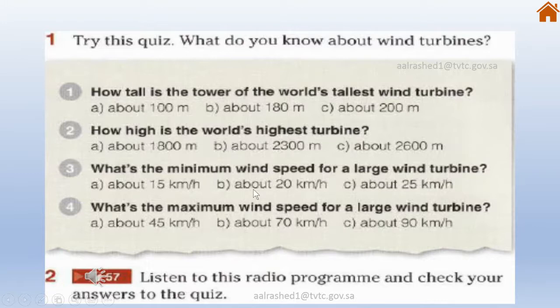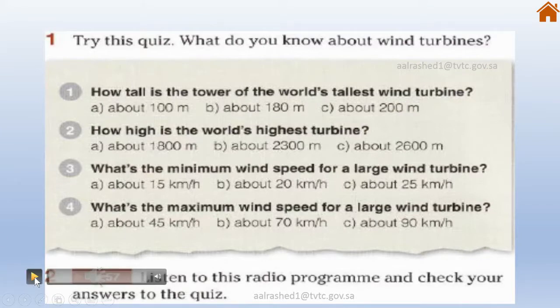In order to answer, we need to rely on the listening. Of course, you can guess based on your general knowledge about this topic, but since most of us are not specialized in this area, we will basically rely on the listening. Or you can simply stop the video and attempt to answer before listening again.